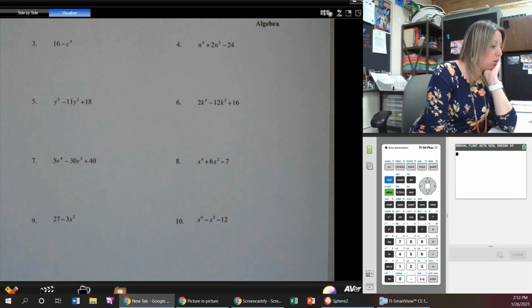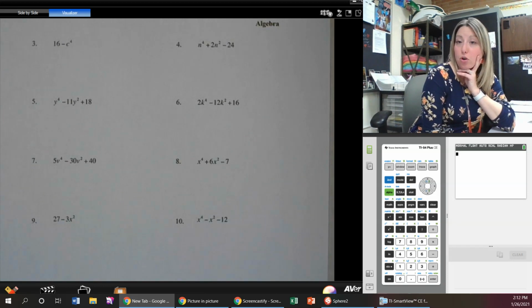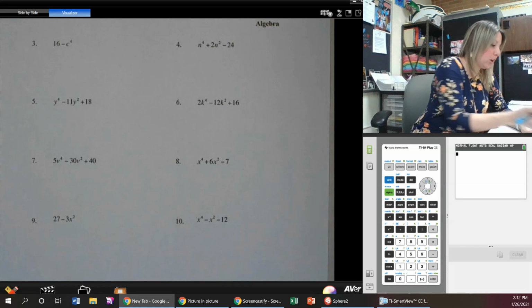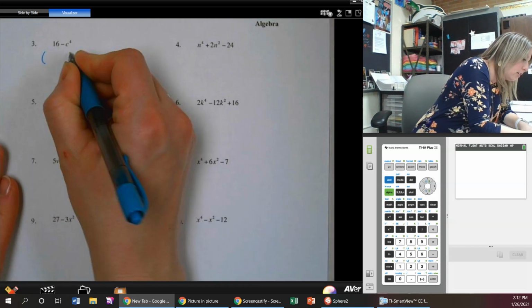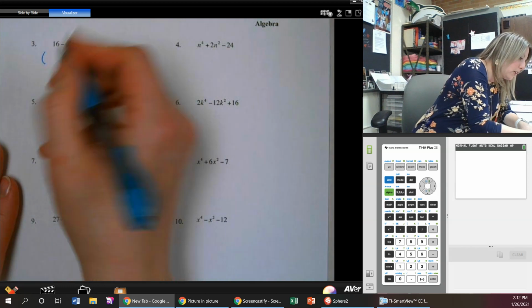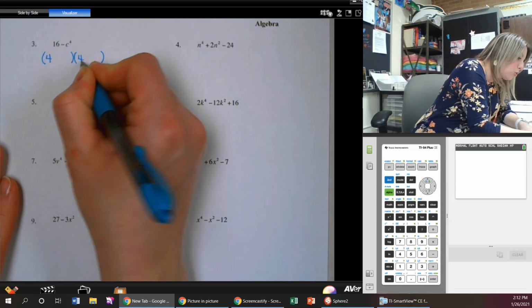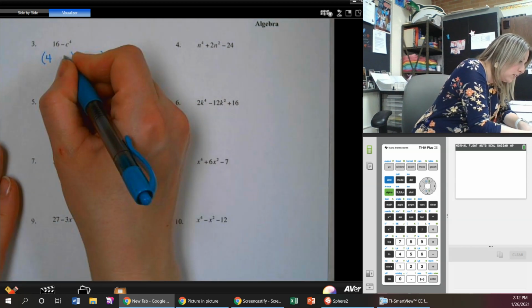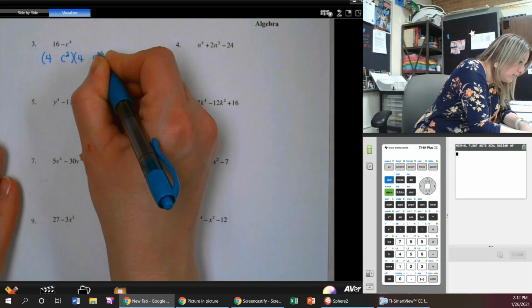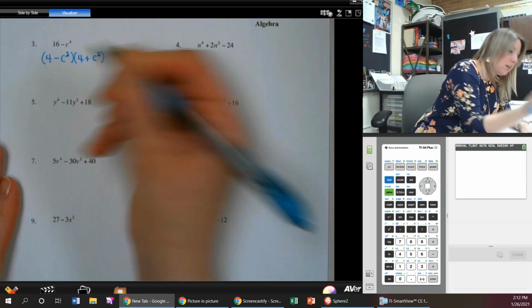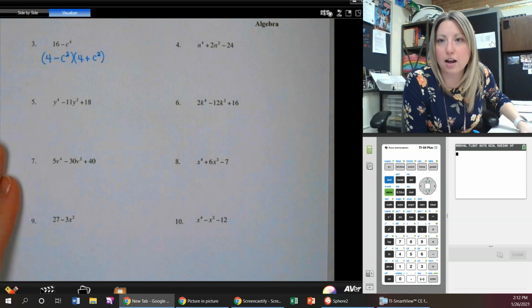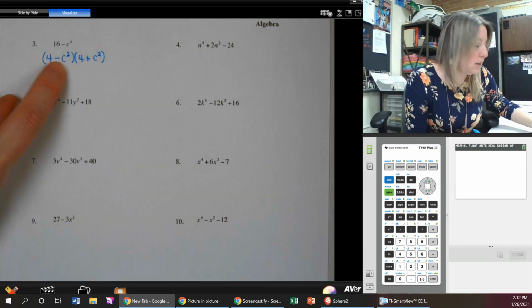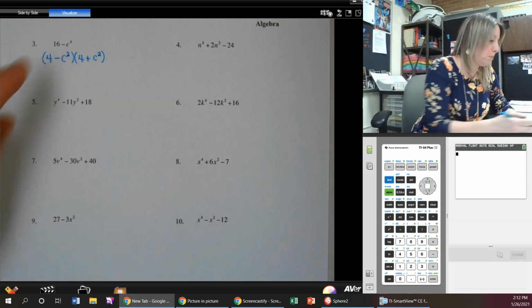Number 3, ooh, there's no GCF, but I notice a perfect square minus a perfect square. So that will factor into 2 binomials. Square root of 16 is 4 for the fronts. Square root of c to the 4th is c squared in the backs, and different signs between them. And I see another dots. 4 minus c squared is a perfect square minus a perfect square.